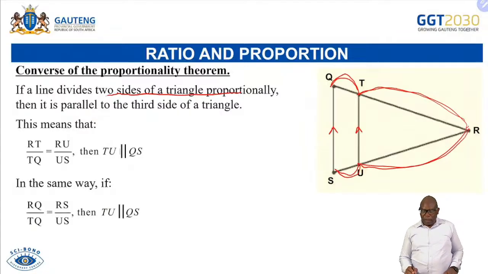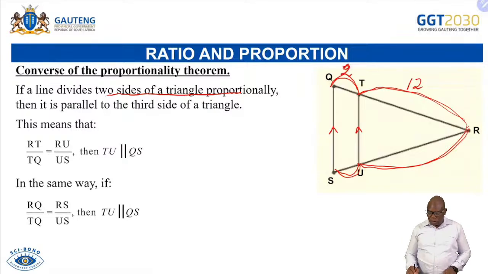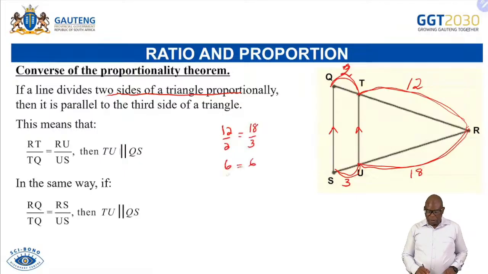So if, for instance, I've got a 12 here and a 2, then on this side I've got an 18 and a 3. So if I take 12 over 2 equals 18 over 3, that gives me 6 equals 6.